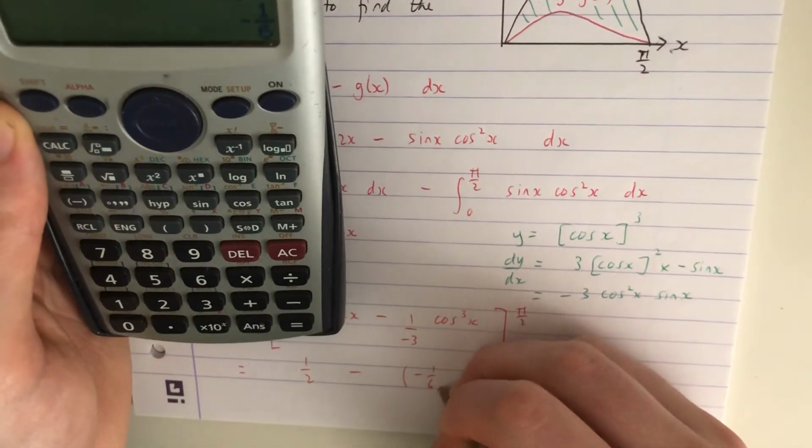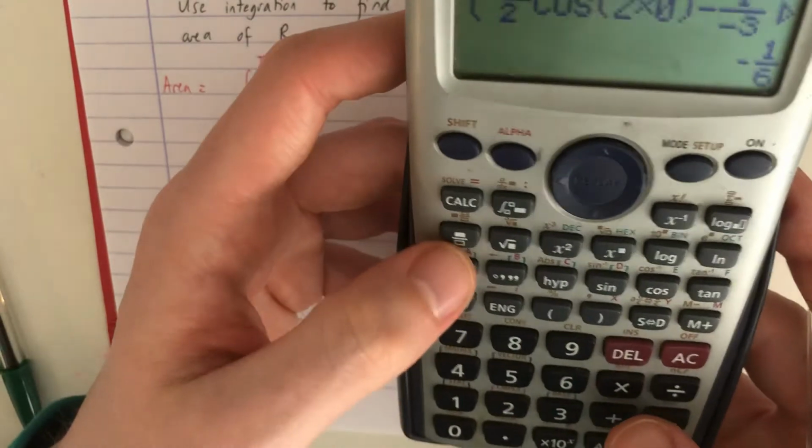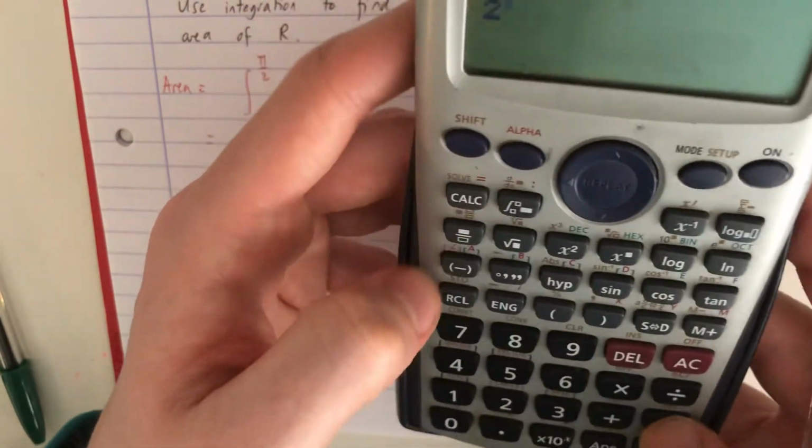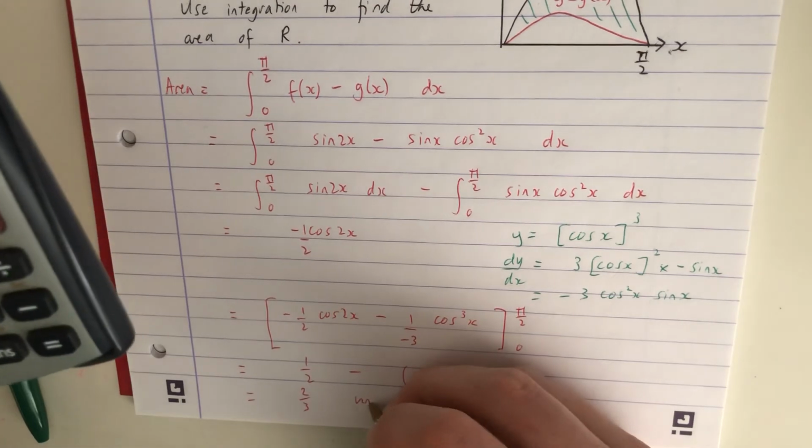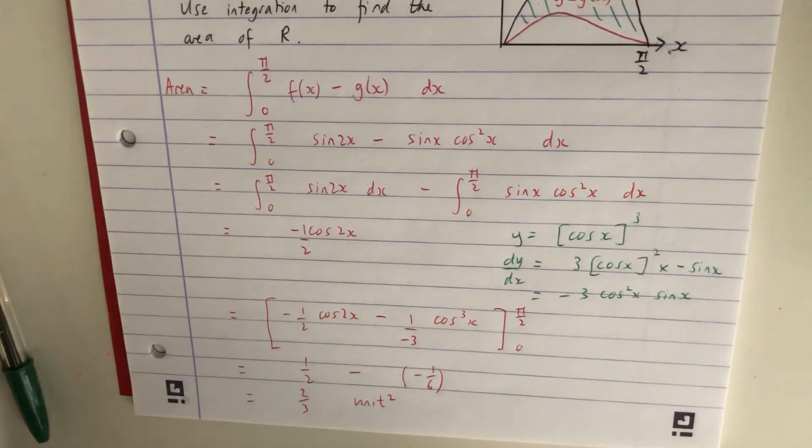Subtract minus 1/6, so 1/2, subtract that answer, gives me 2/3 unit squared. It's a positive number, so it could be right.